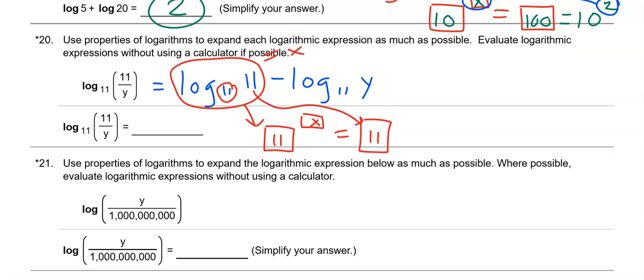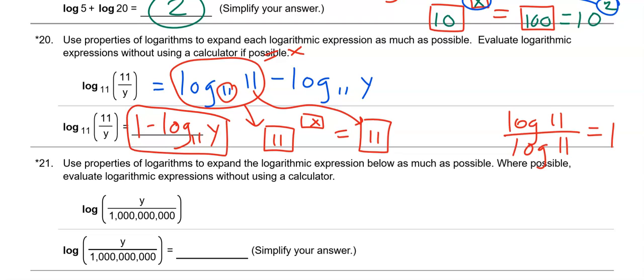Or we could use the change of base theorem, log of the argument over log of the old base. But it doesn't matter. You're still going to get 1 for that first part. So the most simplified answer for this is 1 minus log base 11 of y. That is the most simplified version because the first part can be simplified, and I would expect you to do that.